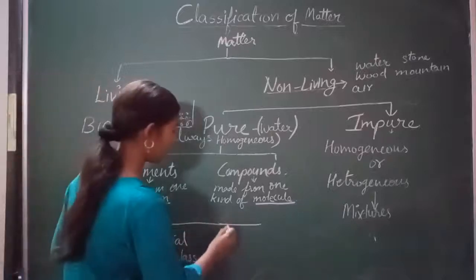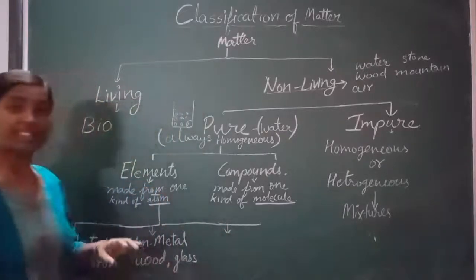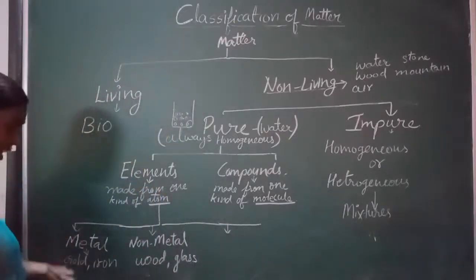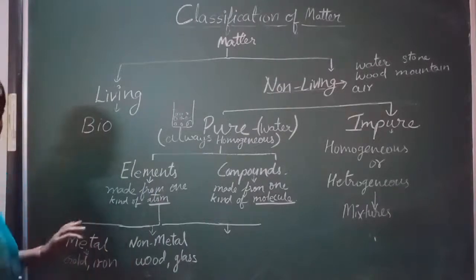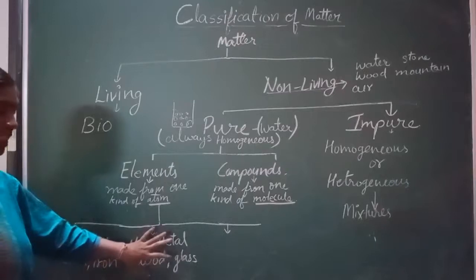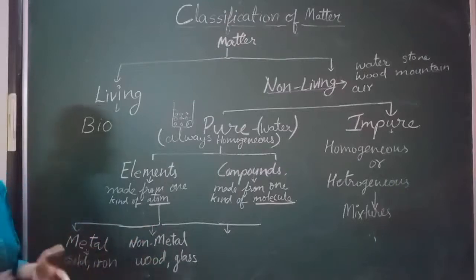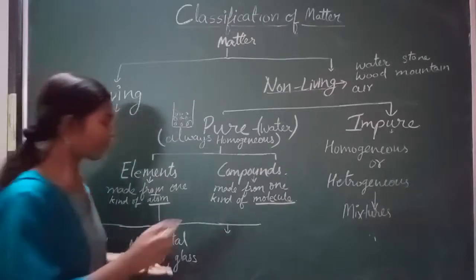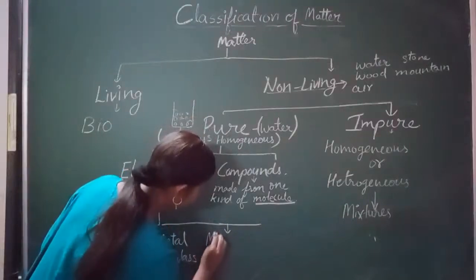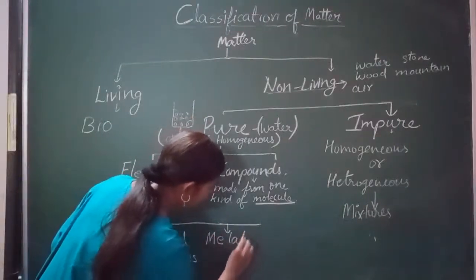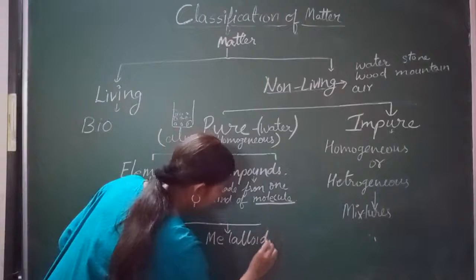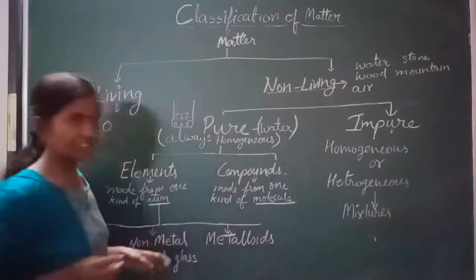Now the next category is a combination of metals and non-metals. When half the properties of metals and half the properties of non-metals come together, they form metalloids.